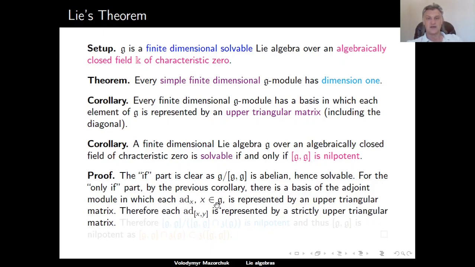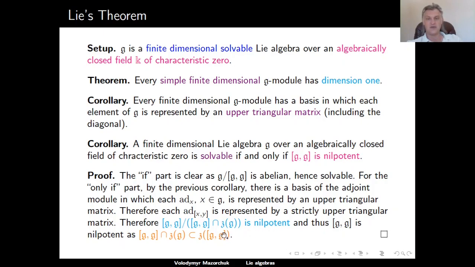This means that the adjoint operator of each bracket of two elements in G is represented by a strictly upper triangular matrix. Therefore, if we take the commutator of G with itself and factor out the kernel of the adjoint representation, and the kernel of the adjoint representation is the center of G, so we have to factor out the intersection of the commutator with the center of G, we obtain that this quotient is nilpotent.